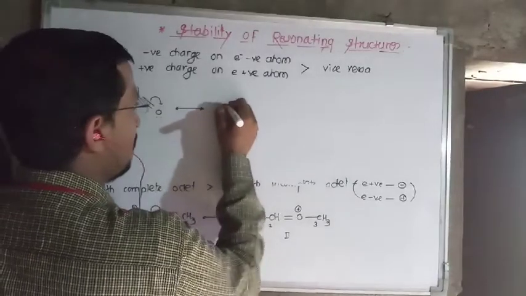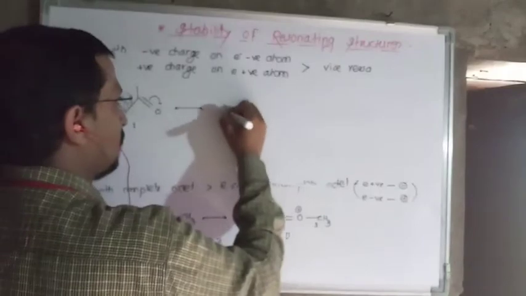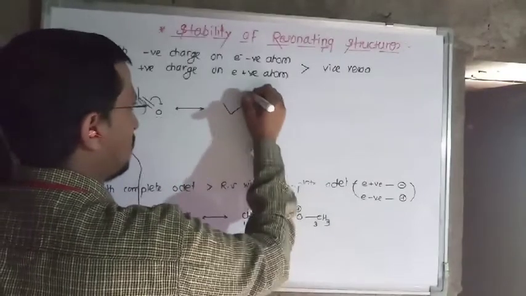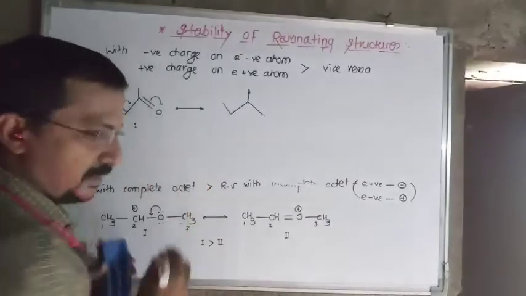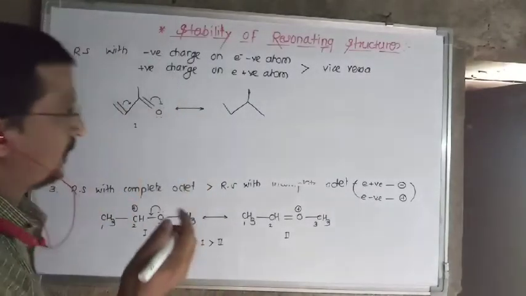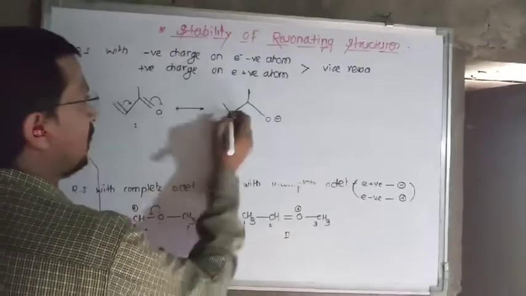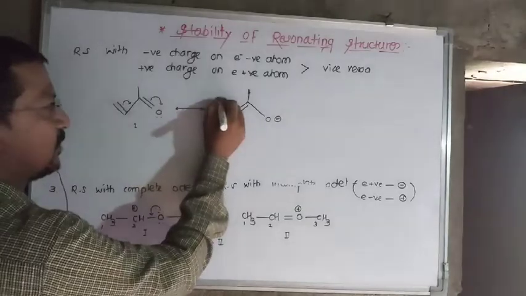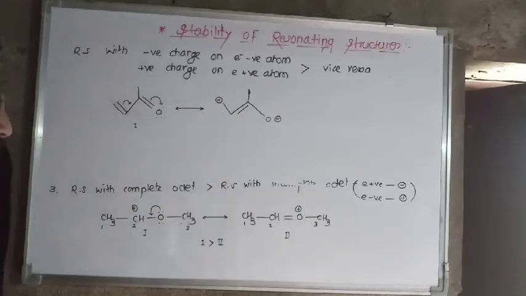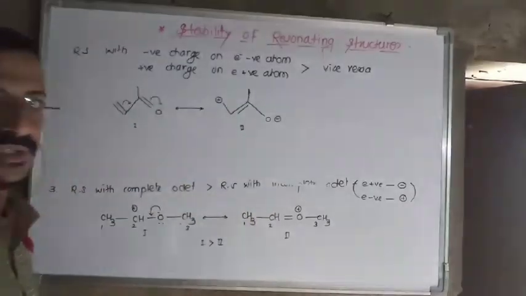Sorry, just like this. Here one hydrogen is attached. You just shift, oxygen becomes negative, and this becomes a double bond, and here this carries positive charge. It is overall clear, isn't it? It is the second structure.